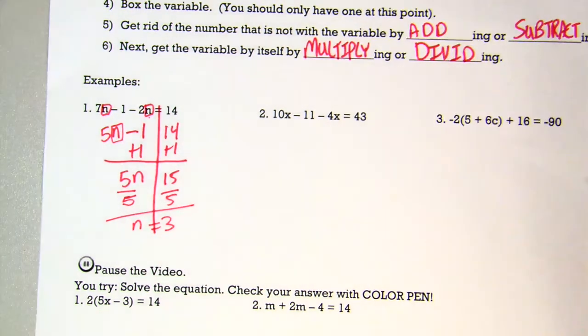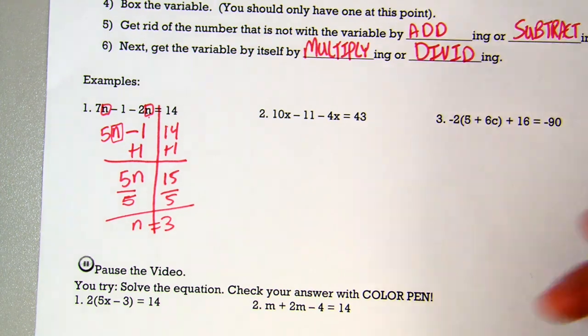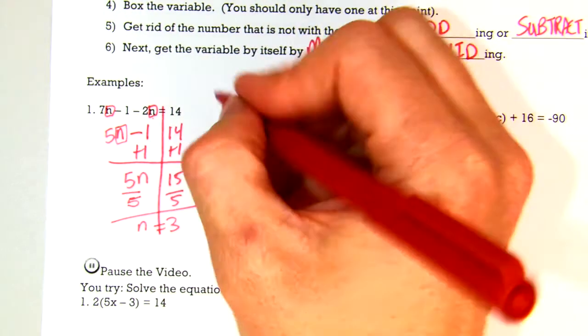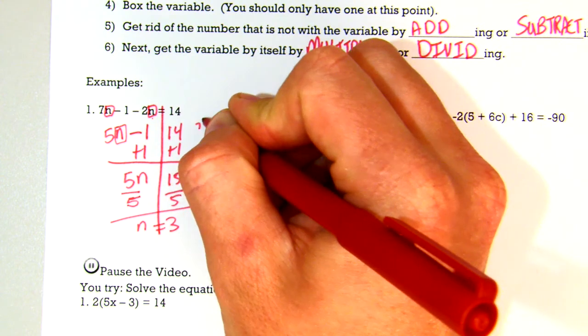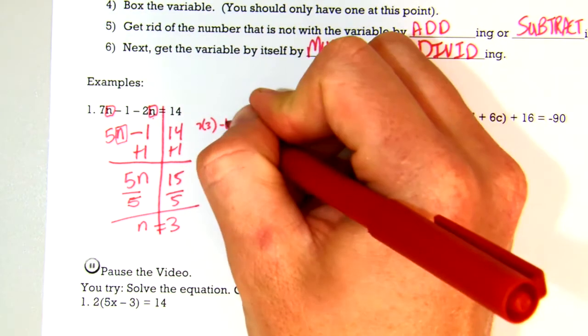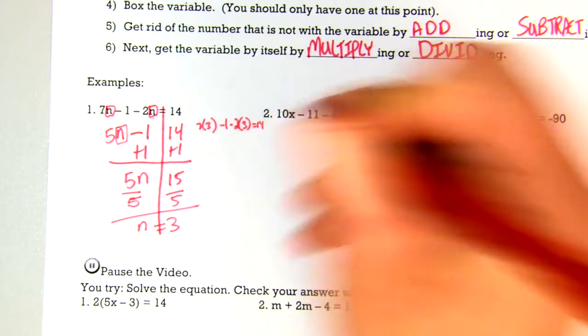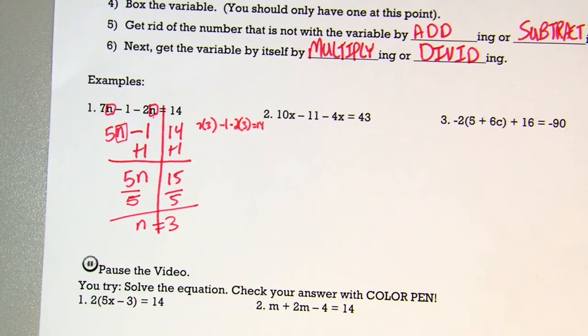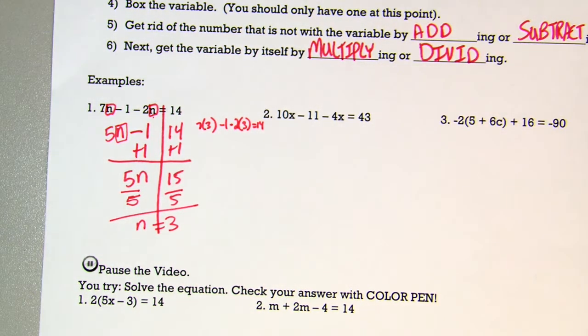Okay. And if you want to check these as well, you can. I didn't leave too much room here, so let me go ahead and squeeze it in. So I have 7 times 3 minus 1 minus 2 times 3 equals 14. Now when I check these, I always want to make sure I do it with the original problem in case I made a mistake when I combine my like terms.